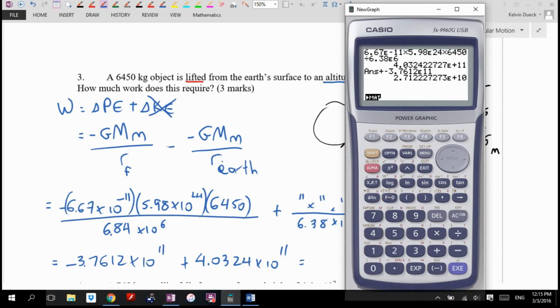Do you get 2.71 times 10 to the 10th? Uh-oh. Yes? Yeah?